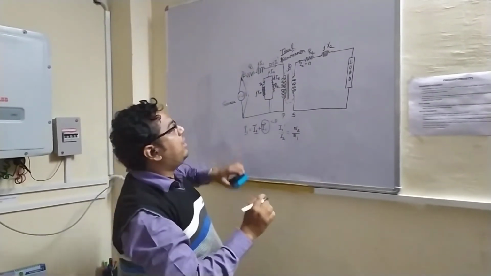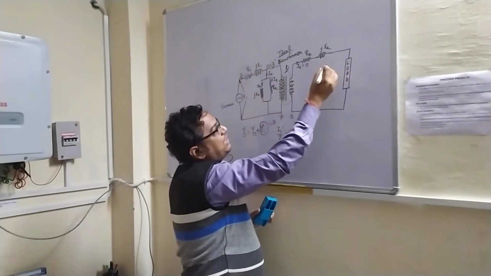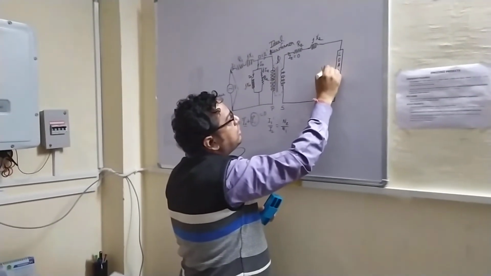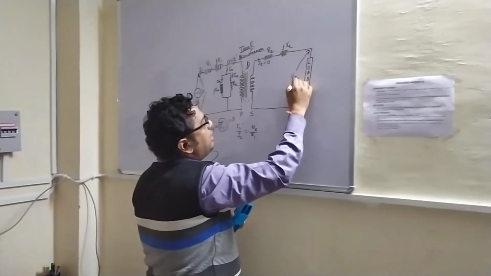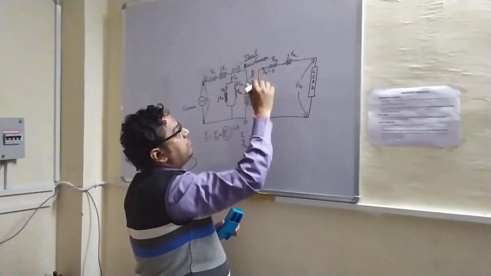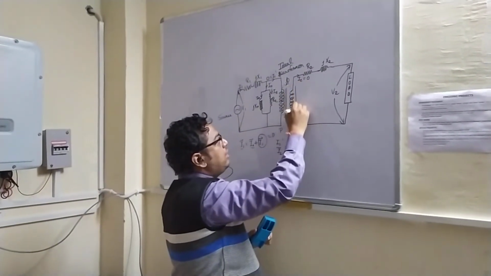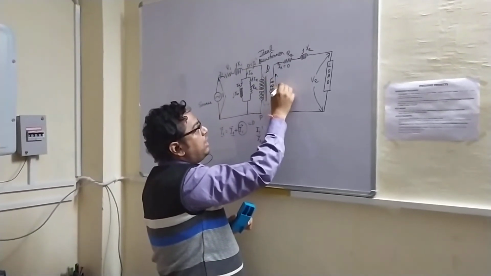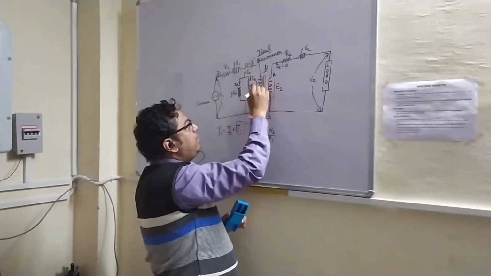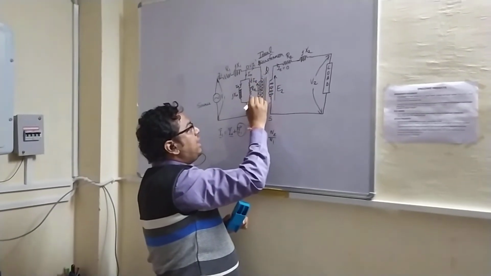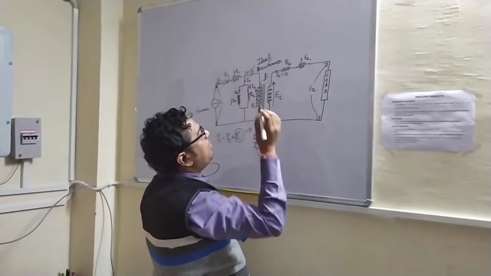So whatever we have developed so far is basically the equivalent circuit of the transformer. This V2 is the voltage across the load. This E2 is the EMF developed in the secondary, and E1 is the EMF developed in the primary.